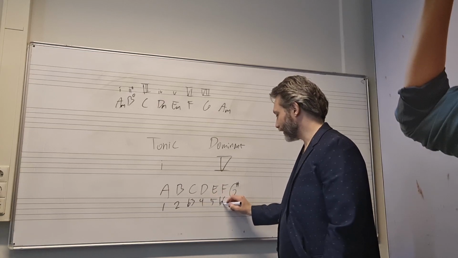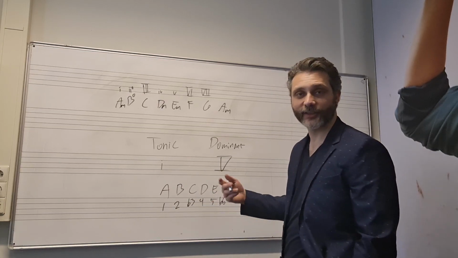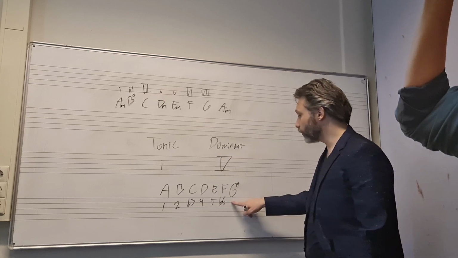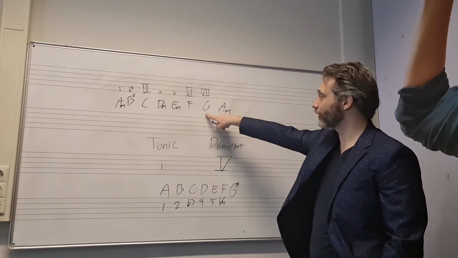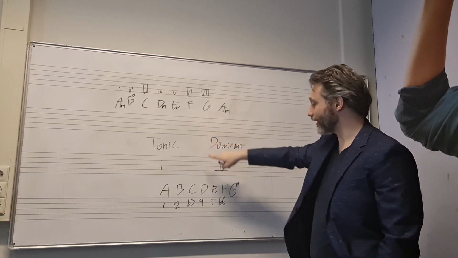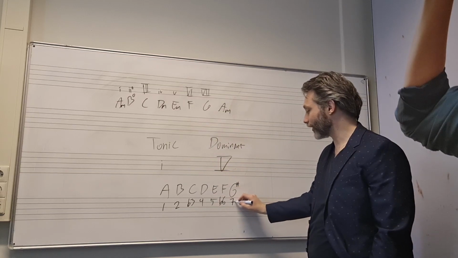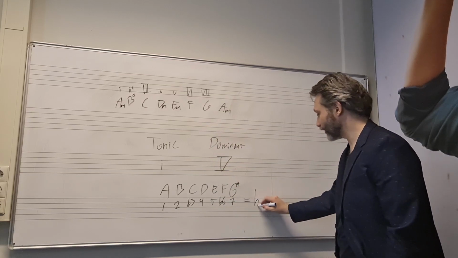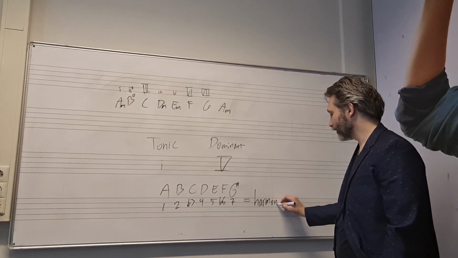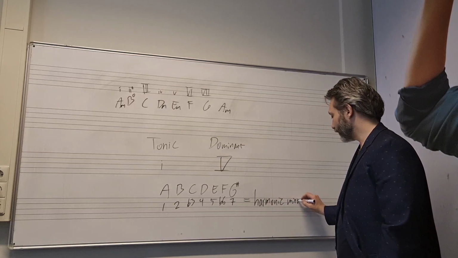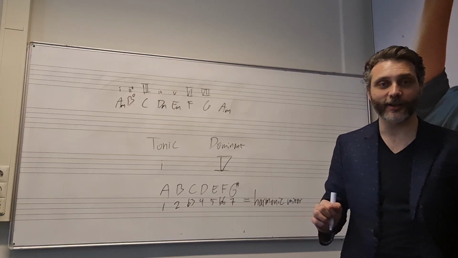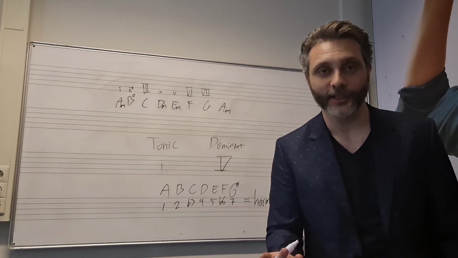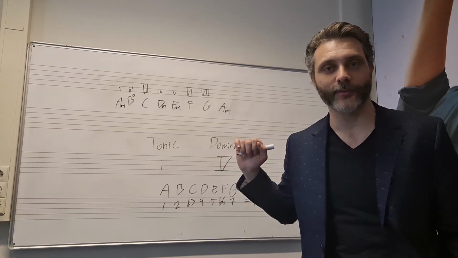And a flattened 6th, a minor 6th. And we would have a minor 7th, like we do here. But in this scale, we have a major 7th. And this scale is called harmonic minor. It's called harmonic minor because we altered this scale for a harmonic reason to get a dominant tonic relationship back.